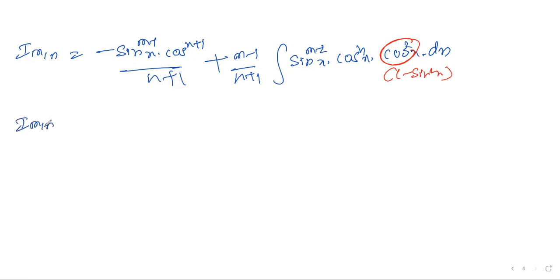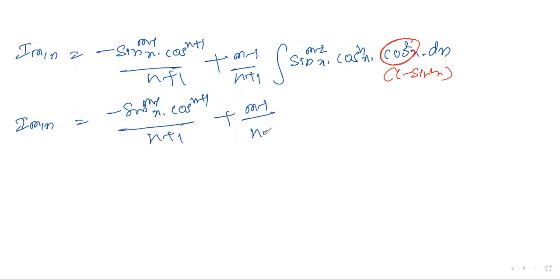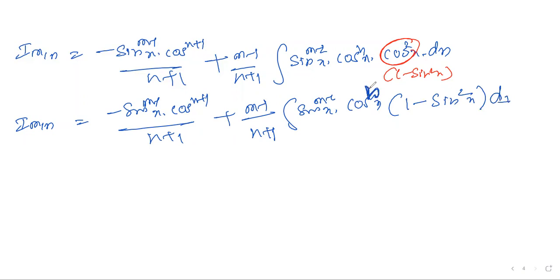So I(m,n) is equal to minus sin^(m minus 1) x into cos^(n plus 1) x by (n plus 1), plus (m minus 1) by (n plus 1) integration sin^(m minus 2) x into cos^n x, cos square x I'll write 1 minus sin square x dx. This is cos power n. Clear?